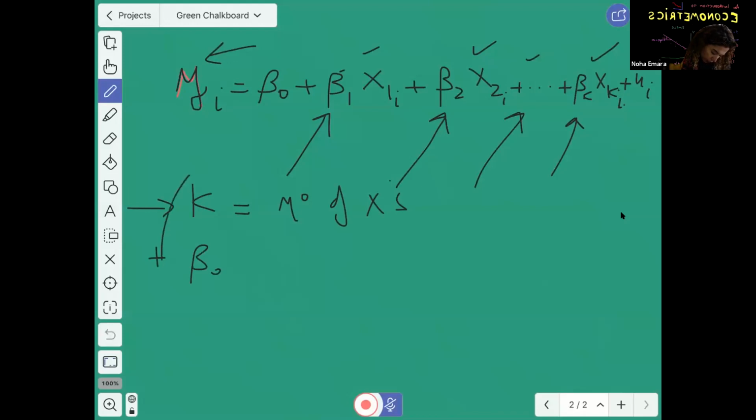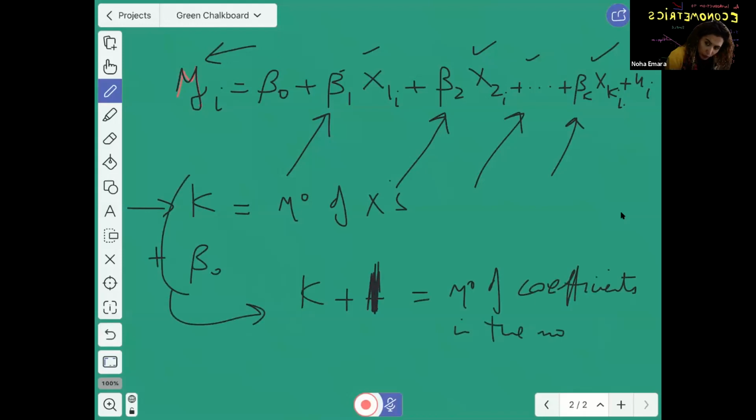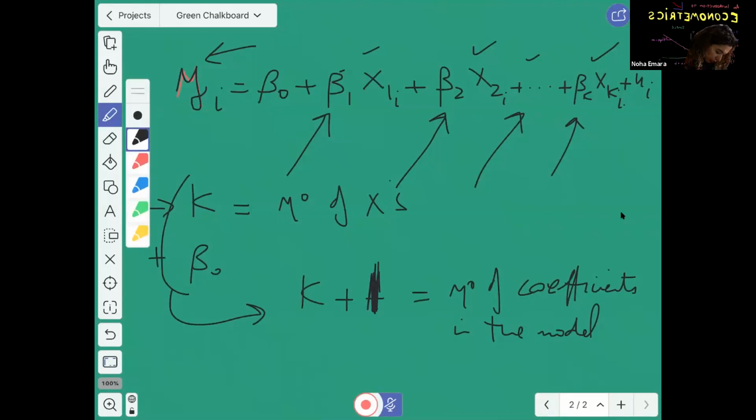So the total number of coefficients is k plus 1. Okay, so I have a total number of k plus 1 coefficients in the model.